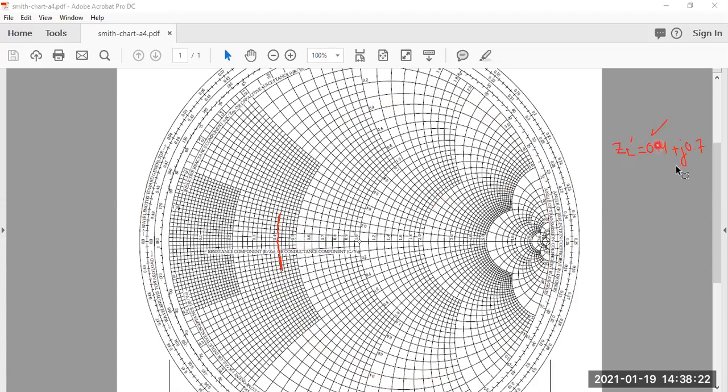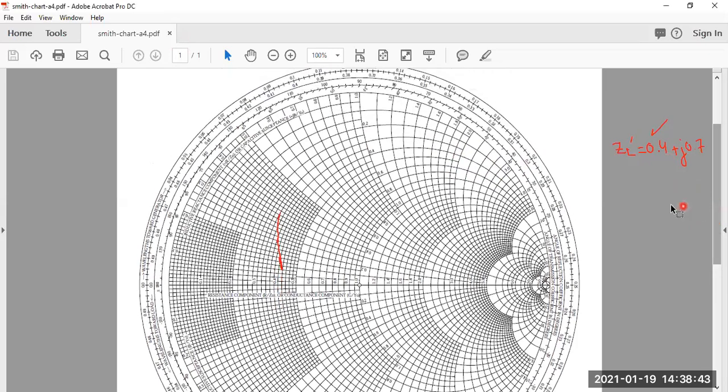Then we need to find out where this imaginary or reactive circle is, and the reactive circle is 0.7. You can see it's a positive value, so we need to focus only on the top portion of the Smith chart.